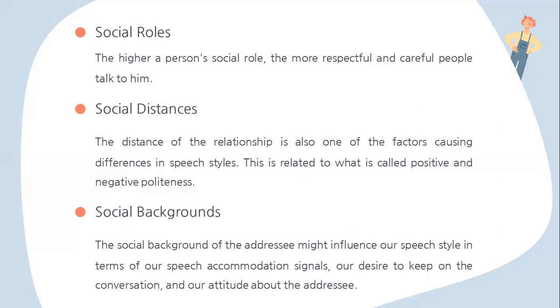This is related to what is called positive and negative politeness. And the last is social background. The addressee might influence our speech style in terms of our speech accommodation, which signals our desire to keep on the conversation, and our attitude about the addressee.